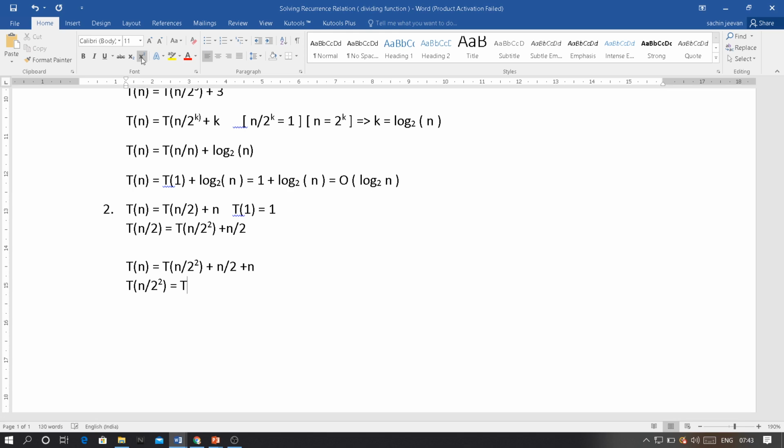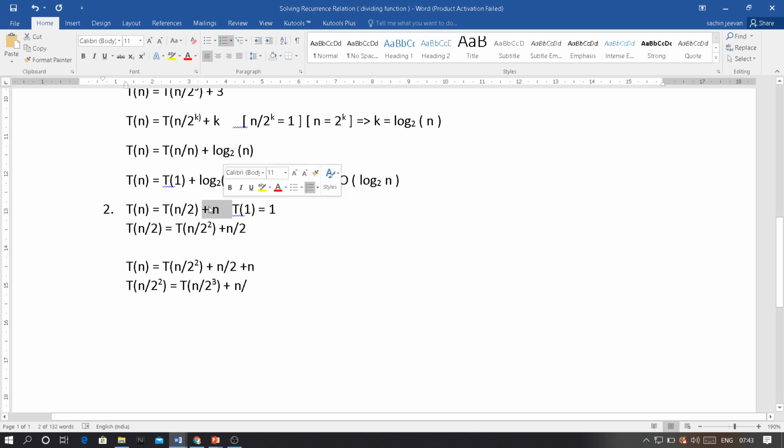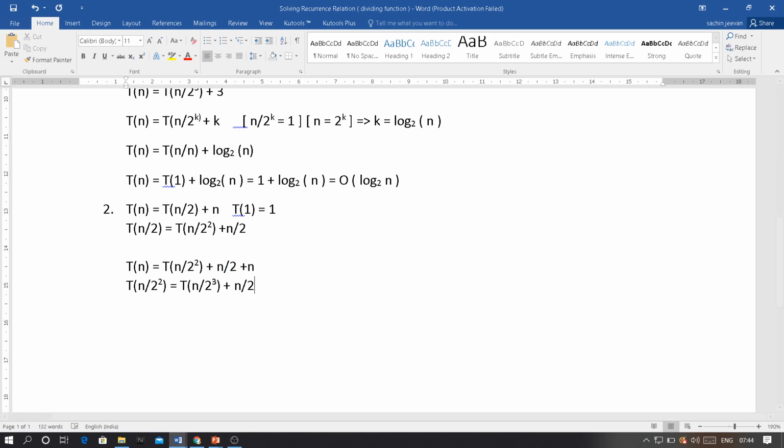It is equal to T of n divided by 2 cube plus n divided by 2 square. When the argument was n divided by 2, this term was n divided by 2. Now when the argument is n divided by 2 square, then this also has to be n divided by 2 power 2.